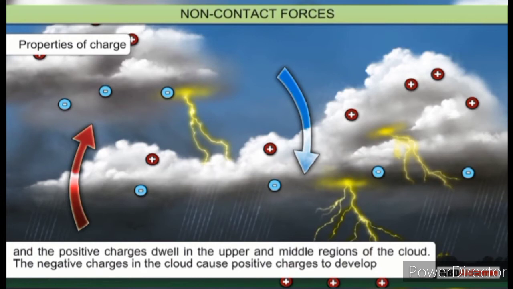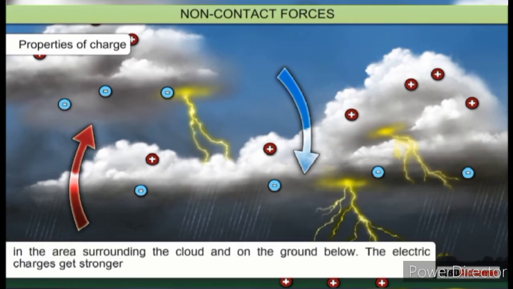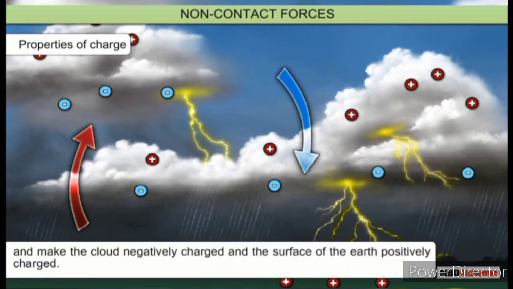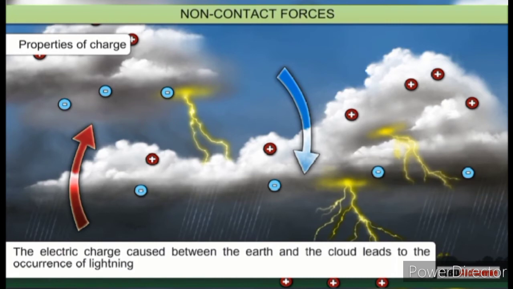The negative charges in the cloud cause positive charges to develop in the area surrounding the cloud and on the ground below. The electric charges get stronger and make the cloud negatively charged, and the surface of the earth positively charged. The electric charge caused between the earth and the cloud leads to the occurrence of lightning.